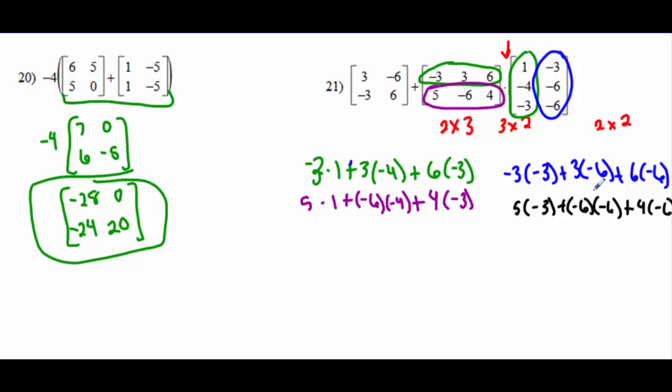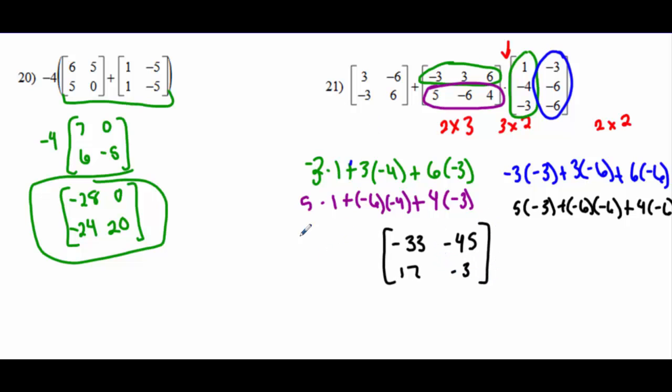Now, I could definitely really easily have written something down wrong. What I should get is -33, -45, 17, -3.